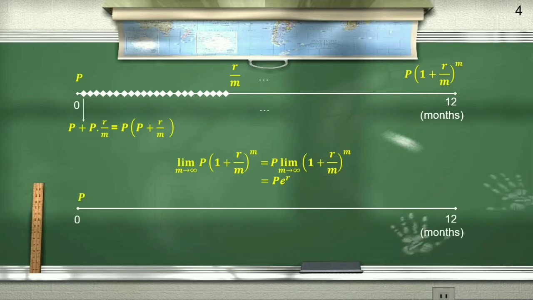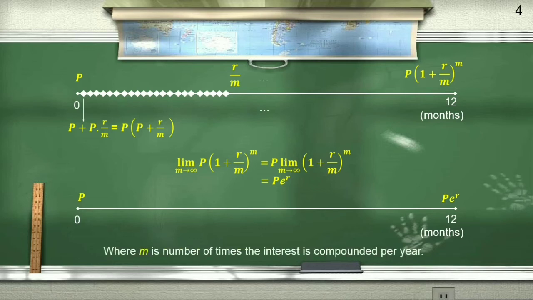By using this idea, now we can determine that our future value of P if r is compounded continuously at the end of this period is Pe^r. Now, for 1 year, where m is the number of times the interest is compounded per year, we want to know the value for n years.